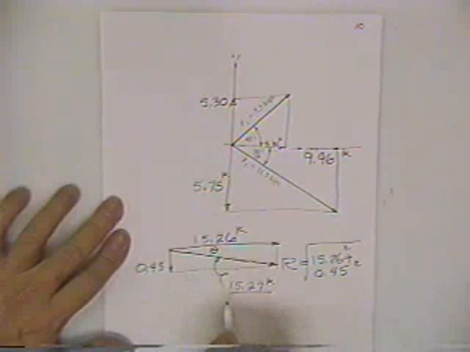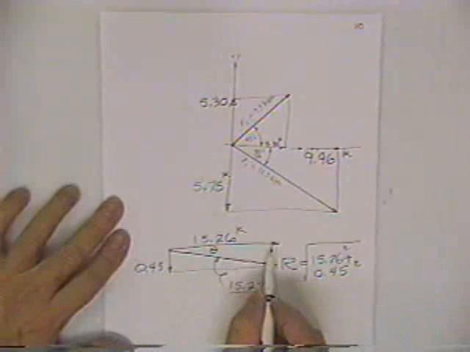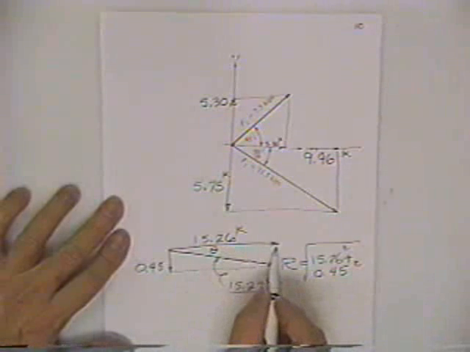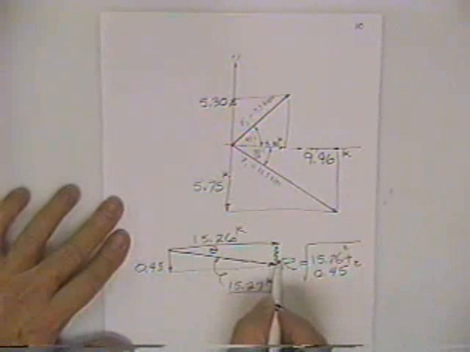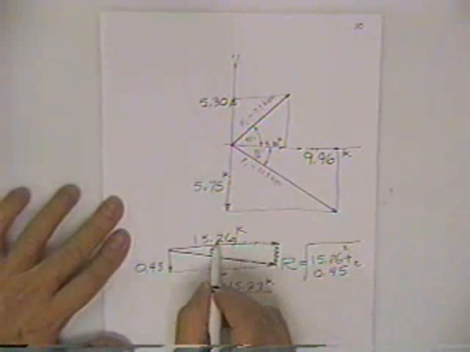You can find this angle right here, theta, by using the tangent of that angle is opposite divided by adjacent.